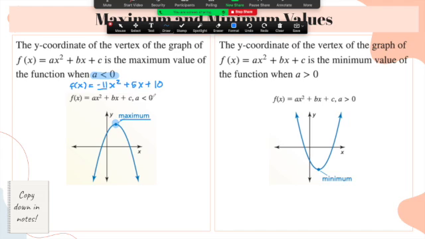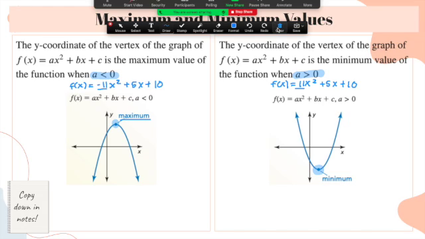In the case where a is greater than 0, we call it a minimum value, which should be shown like this. And an example of that could be the opposite. So instead of having a negative 11, we would have a positive 11x squared plus 5x plus 10. And so we have a positive 11, which is greater than 0. We would say that we have a minimum value.